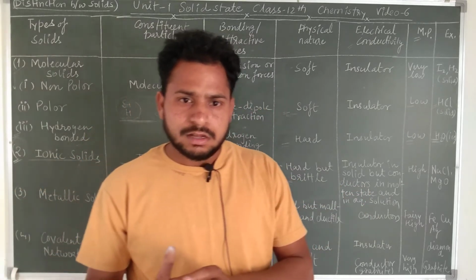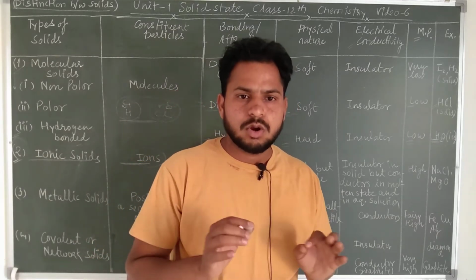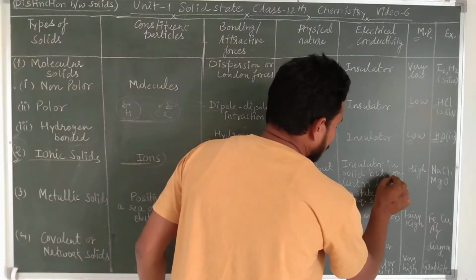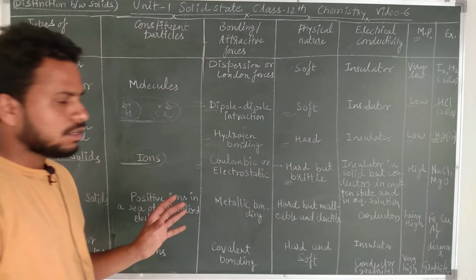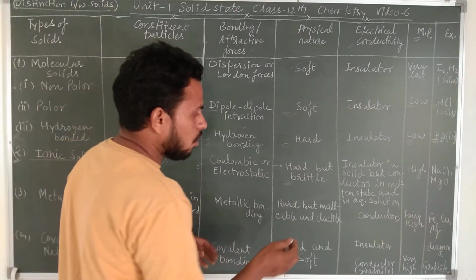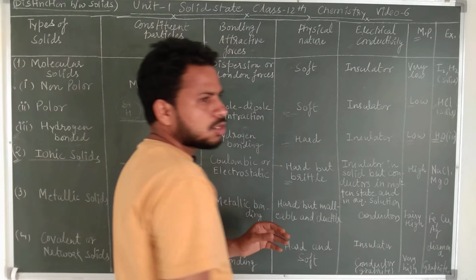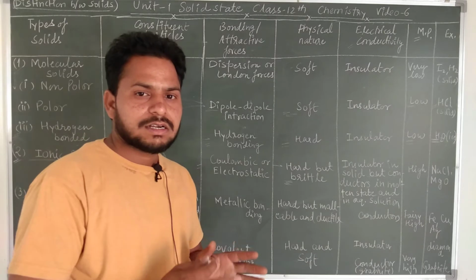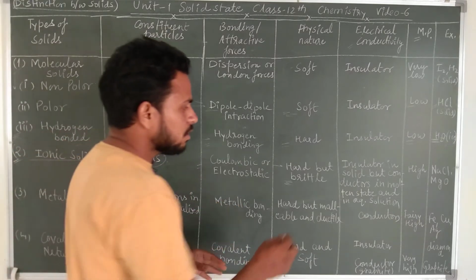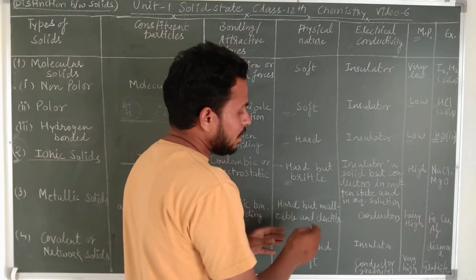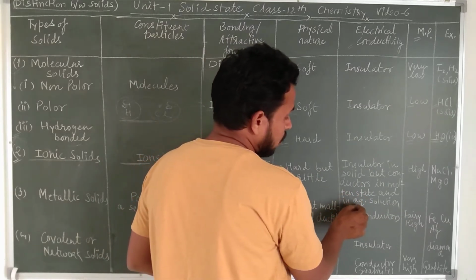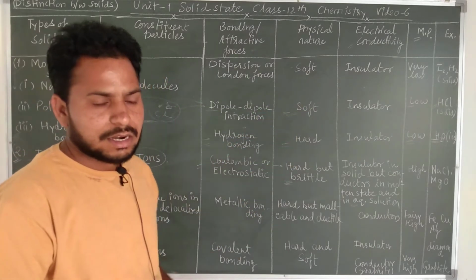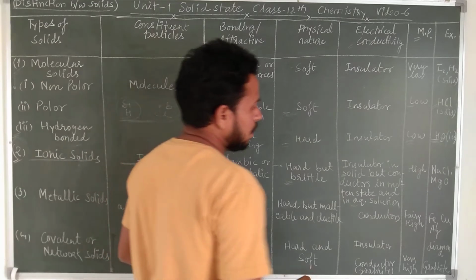If we have an ionic solid in solid state, they are not conductors, they are insulators. But when these solids are in liquid or molten state, they conduct electricity easily. In solid form they are insulators, and in liquid or molten state they show electrical conductivity.